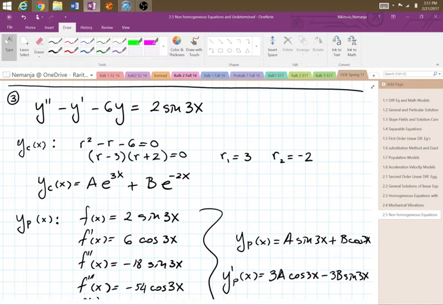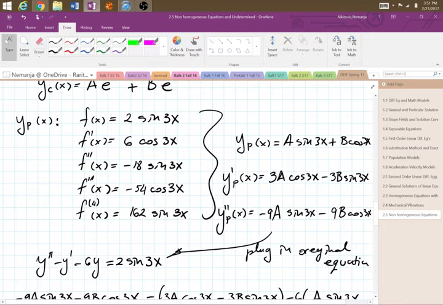The second part, for the particular solution, comes from here, and that's what I said: every time the yp setup will be different because you get different functions, different combinations of functions. So what I did is I kept taking the derivatives of the original function f of x, the driving term, the forcing term.